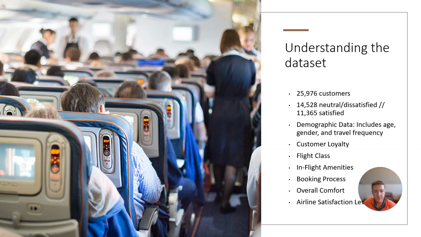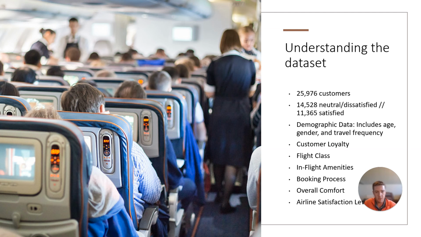Next is customer loyalty. This measures repeat customer data to evaluate their impact on satisfaction. Flight class differentiates between economy and business travel experiences. Other attributes such as in-flight amenities. This covers amenities such as Wi-Fi, entertainment options, and meal quality, assessing their contribution to overall comfort.